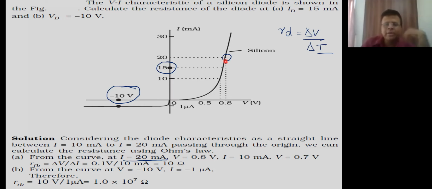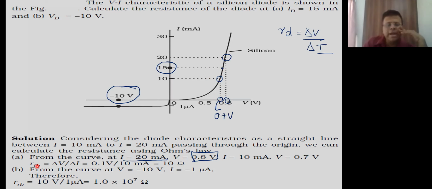So you can go slightly above and slightly below this point. At 20 milliampere, the forward bias voltage applied is 0.8 volt. And when the current is 10 milliampere, this value which I've circled here is approximately 0.7 volt.